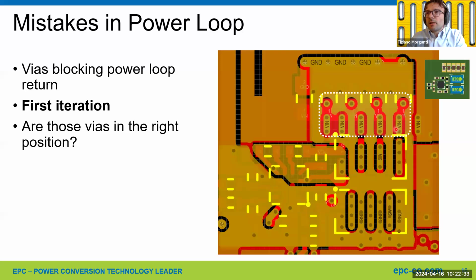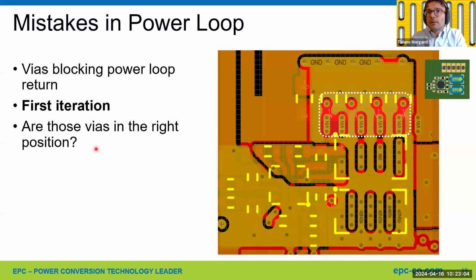But then, are those vias in the right position? What is the purpose of those vias connected to the input bus? Those vias are meant to bring the DC current from the bus to the high-side device, because the bypass capacitors are already here. So the AC part of the current will be closed by the power loop return polygon here.